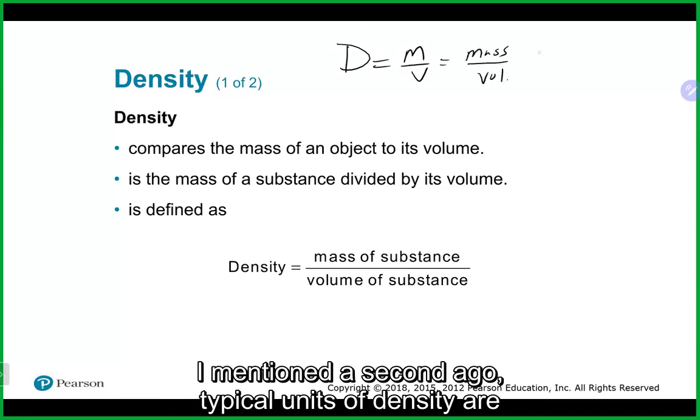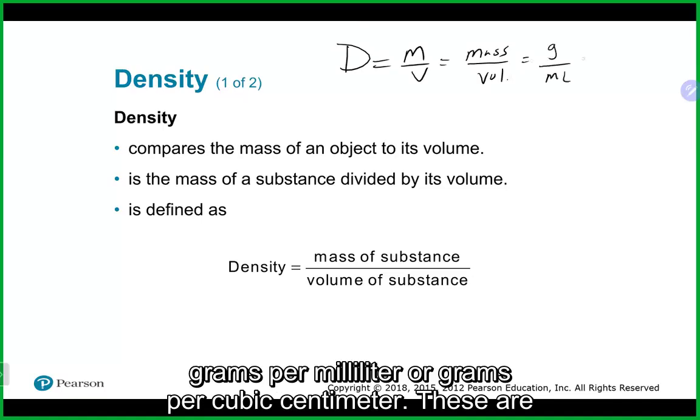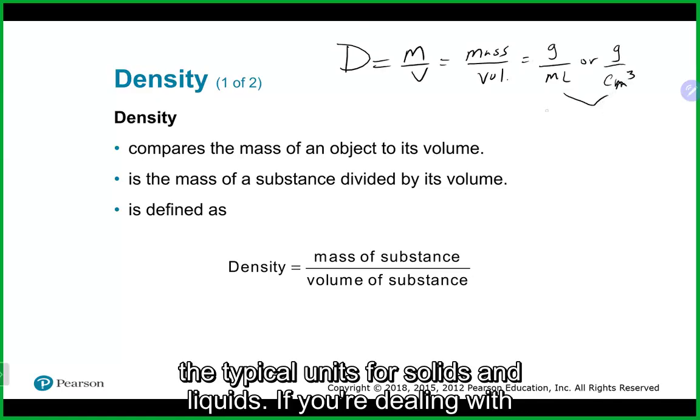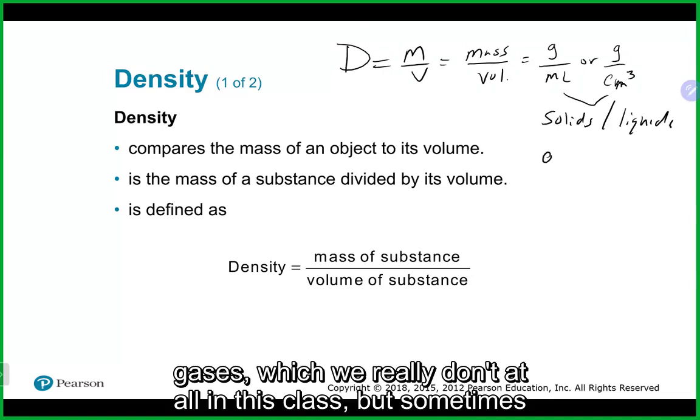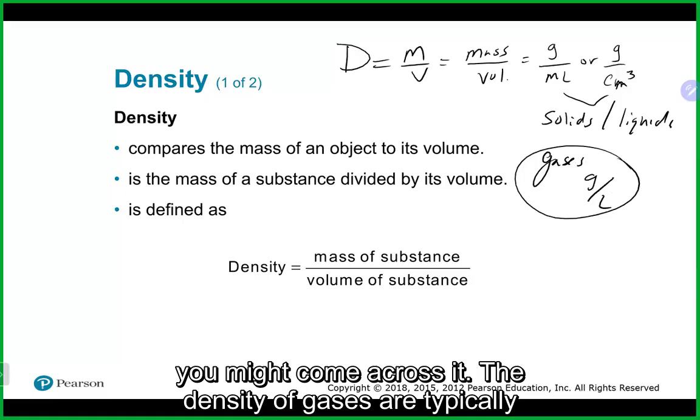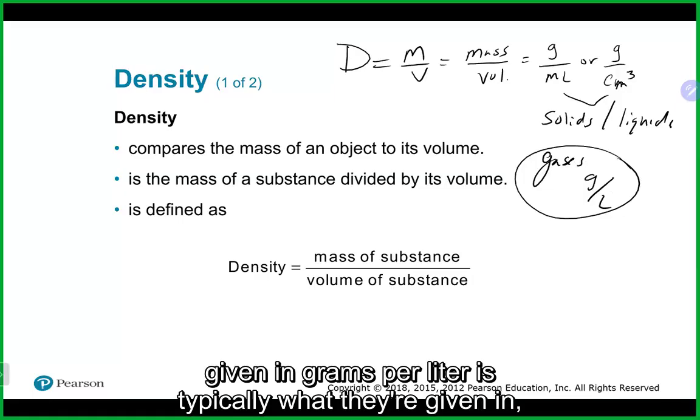As I mentioned a second ago, typical units of density are grams per milliliter or grams per cubic centimeter. These are the typical units for solids and liquids. If you're dealing with gases, which we really don't in this class, but sometimes you might come across it, the density of gases is typically given in grams per liter.